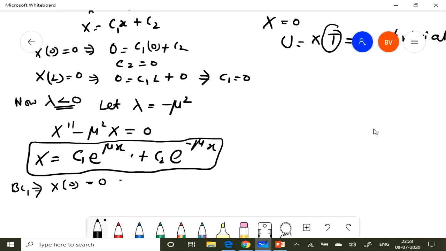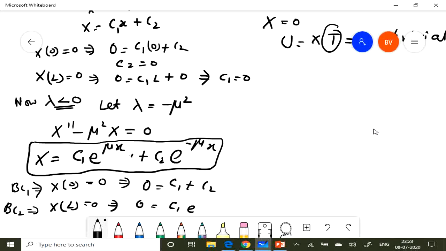That will give us 0 is equal to c1 plus c2. Now boundary condition 2. X of L is equal to 0 gives 0 is c1 into e power mu L plus c2 into e power minus mu L.